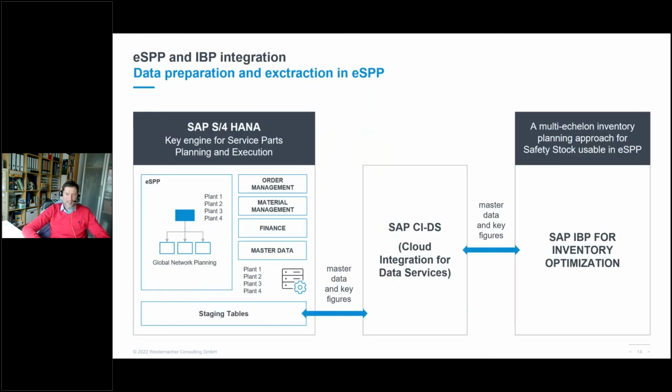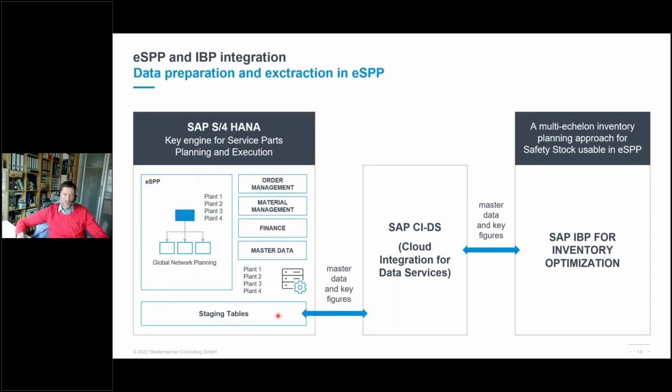All right. Next, I'd like to talk about the data preparation and extraction. How would this system landscape look? On the left-hand side we have the S4 with the eSPP sitting on the S4, which is a key engine for the service parts planning. In this box we have so-called staging tables. These tables are used for the communication and integration with IBP.